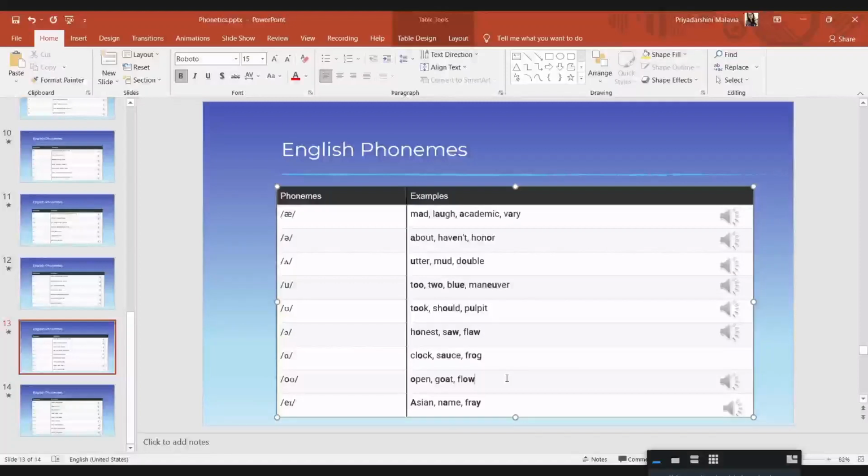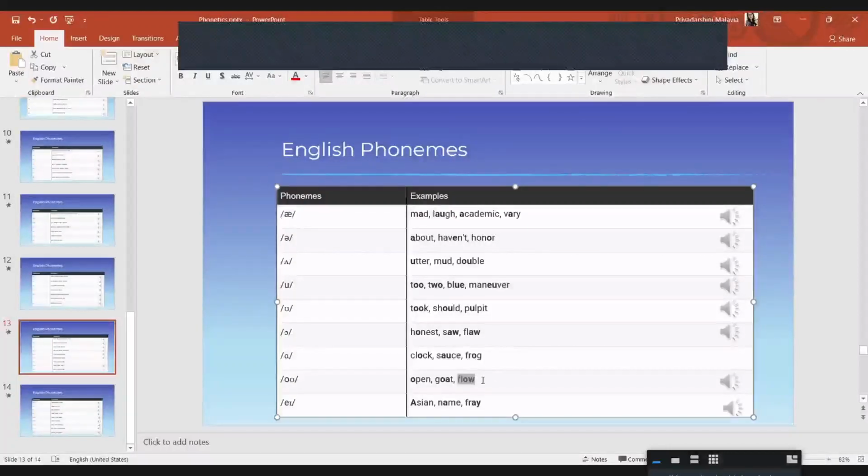Because it makes the O sound. Yeah, it makes an O sound. Can you just repeat the question? I'm asking in this flow, I'll highlight it for you. Why is the W also put in bold?